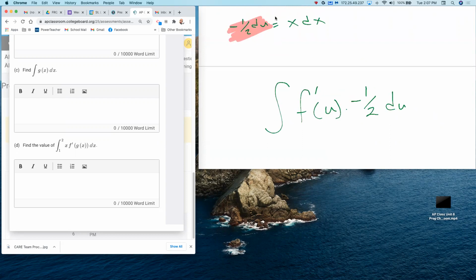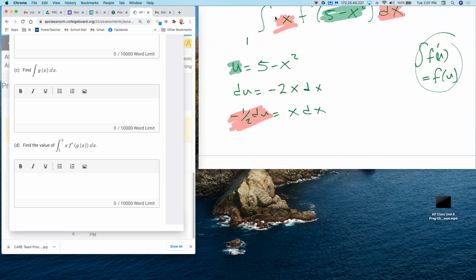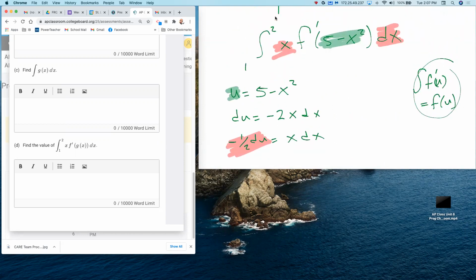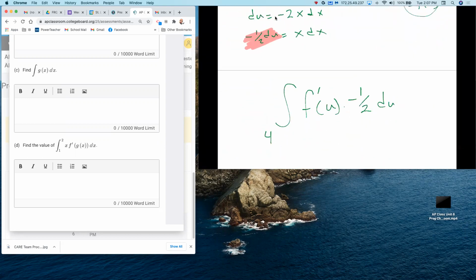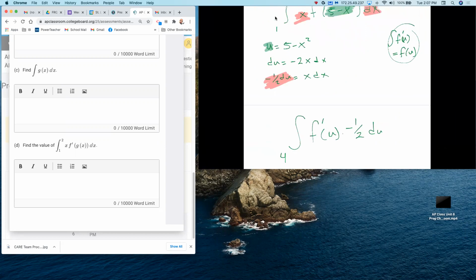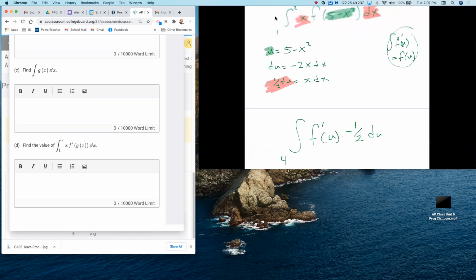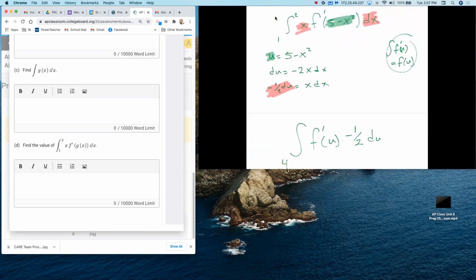Now our bounds on this are going to go from 5 minus 1, which is 4, using the bounds that we have on here, and then 5 minus 2 squared is 1, right?